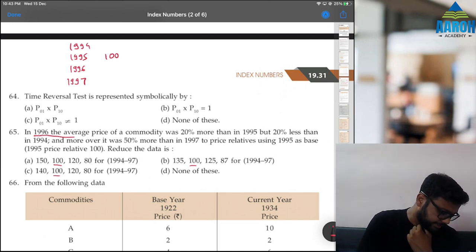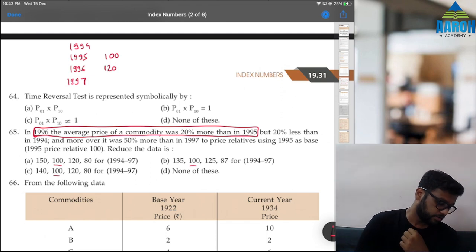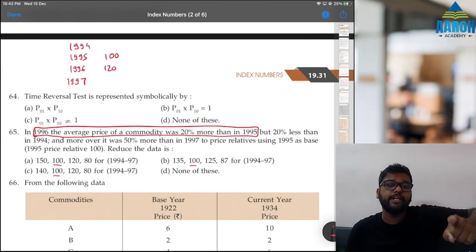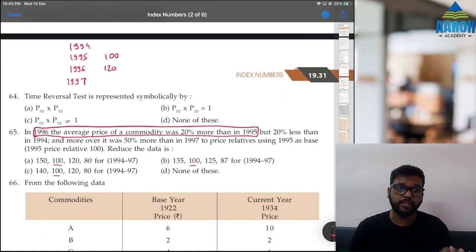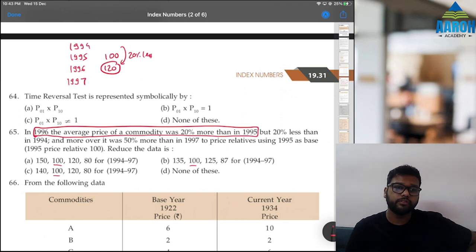In 1996, average price was 20% more than 1995. So in 1996, how much should I write now? 20% more means 120. But it was 20% less than 1994. Now understand carefully.